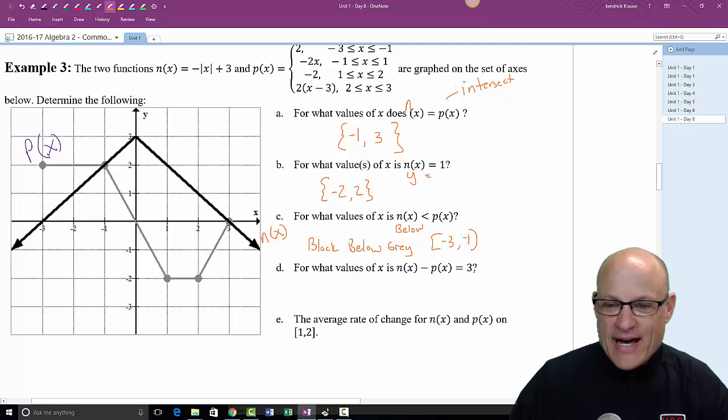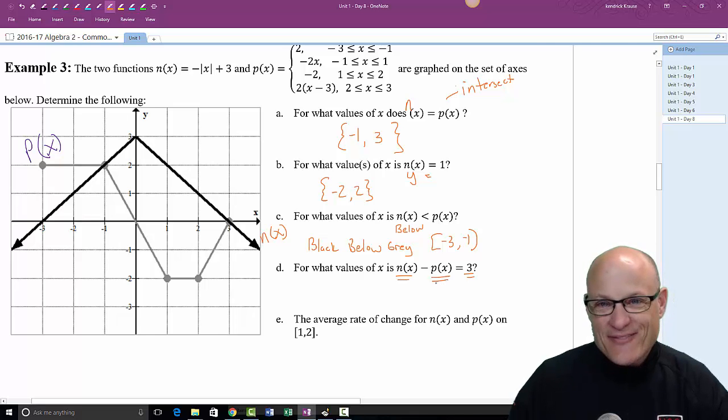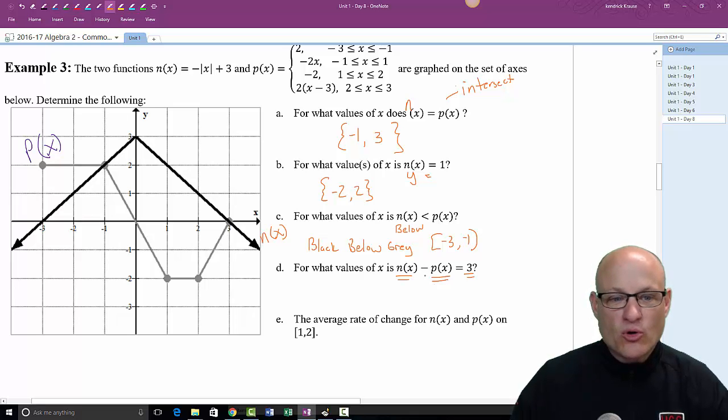All right, anytime they're asking about subtraction, they're asking about how far away they are from each other. So I want a positive value. Since I want a positive value, n of x has to be above p of x, or black has to be above gray. So we want to know when black is 3 units above gray.